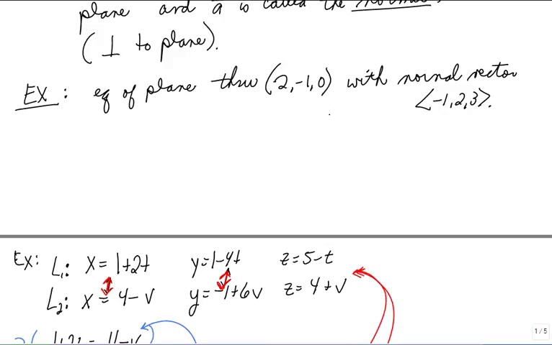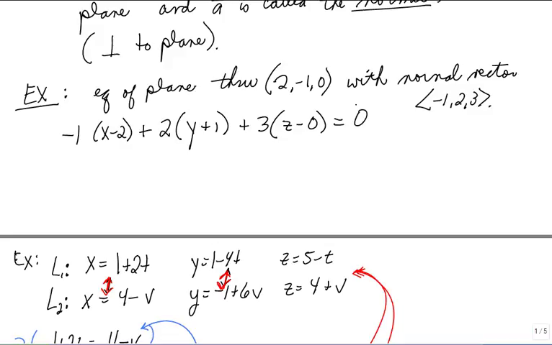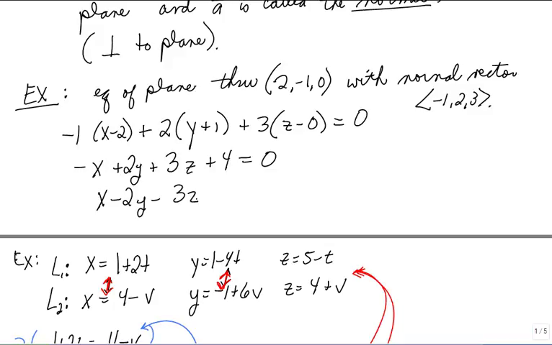So all we have to do is a1 times (x minus 2), plus a2 times (y plus 1), plus a3 times (z minus z1) equals 0, and just multiply this out. We have minus x plus 2y plus 3z, and the constant is plus 2, which gives plus 4. So we have x minus 2y minus 3z equal 4. There's the equation of our plane.